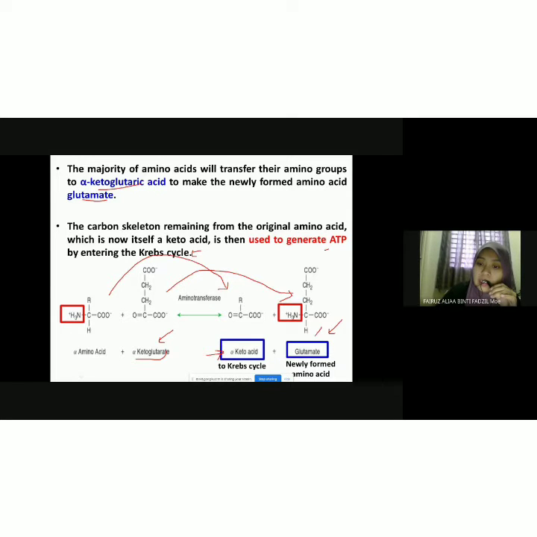This glutamate is a non-essential amino acid. It will be used to produce another protein or any other function. But for this alpha keto acid, what will happen? It will enter the Krebs cycle.